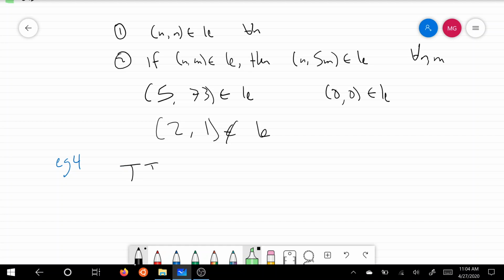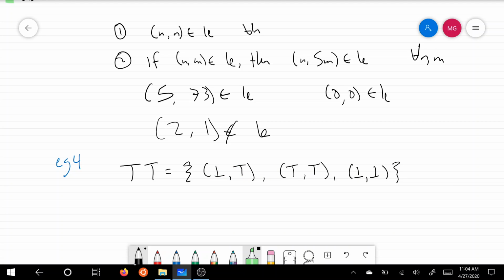So here's a relation. TT is going to be this. Okay, here's our relation TT. What type is TT? Okay, well, TT, it seems to be relating one Boolean and another. Right, that's what we have in each case.